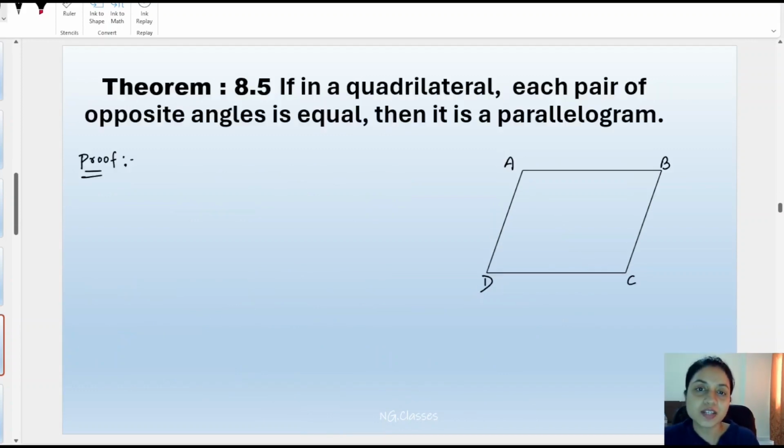So our next theorem says if in a quadrilateral each pair of opposite angles is equal, then it's a parallelogram. So here we are having a quadrilateral ABCD. Here it says that opposite angles are equal to each other. This one is just the reverse of the previous theorem.